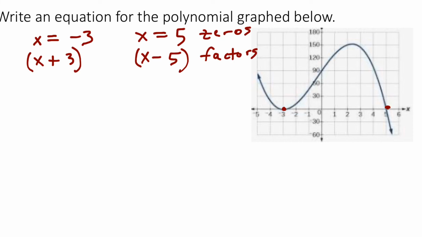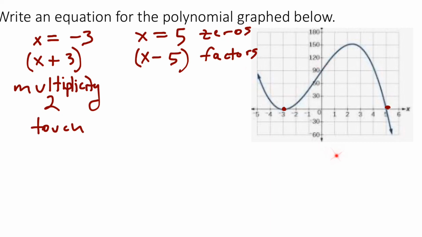All right, now let's look at the multiplicity idea. According to multiplicity, if you have this parabolic shape where you bounce and go back the other way without crossing through, this factor has a multiplicity of 2, because we bounce or touch and go back up instead of crossing through.